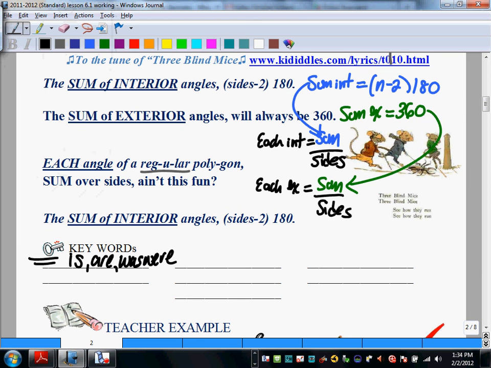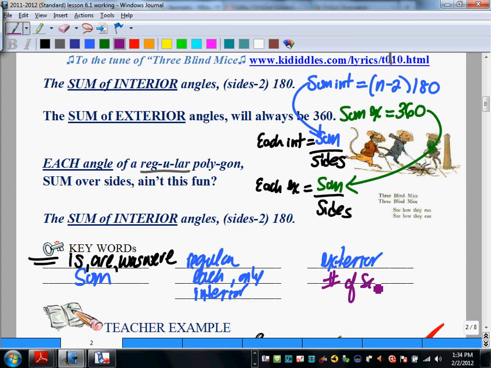What else? Sum. The word regular. Each, or only. Interior. Exterior. Number of sides, which would be what we know as n.